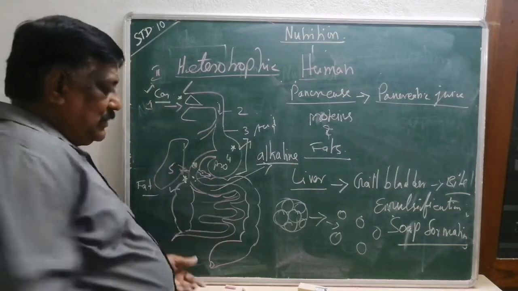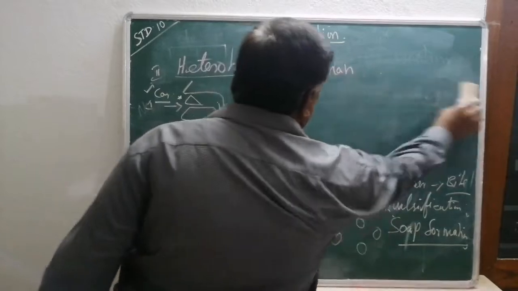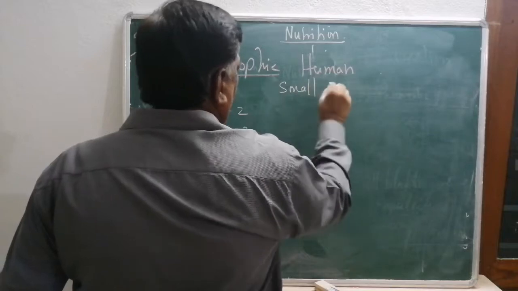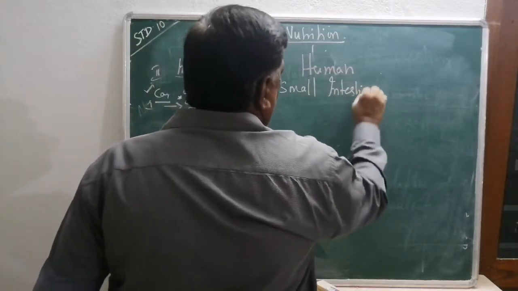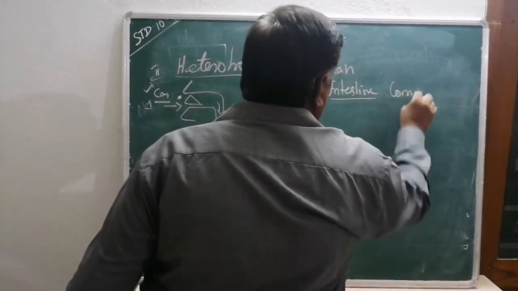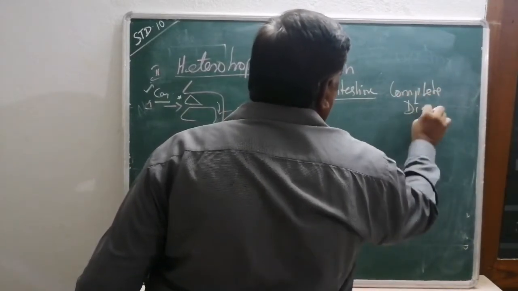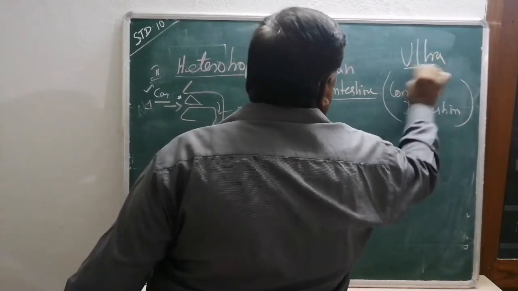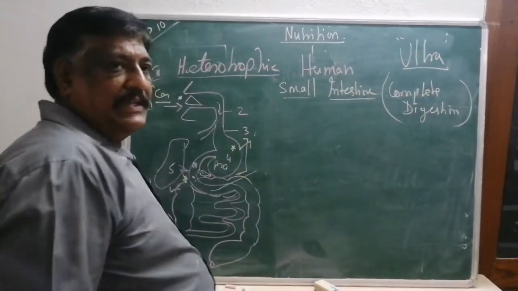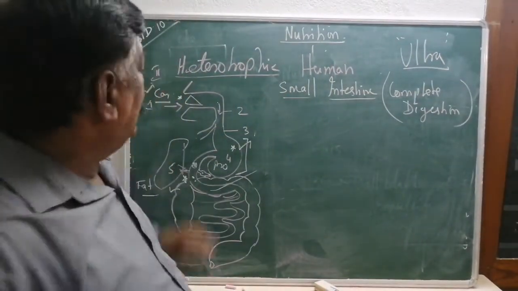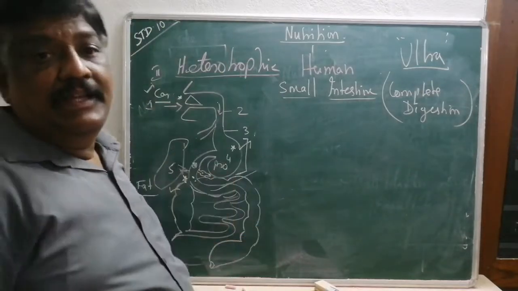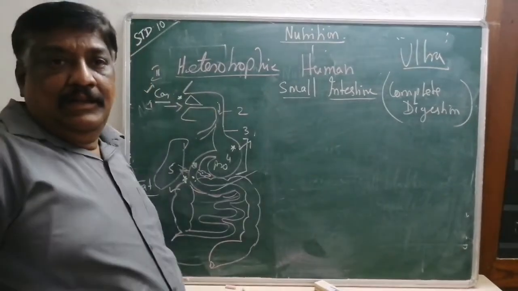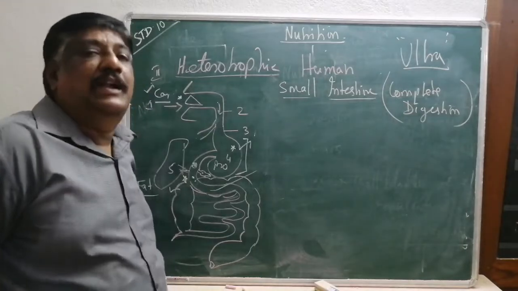Now the food enters the small intestine. Complete digestion takes place here. We call it ultra digestion. Whatever has started digestion, or even if it has not had any digestion process earlier, the entire digestion is completed in the small intestine.